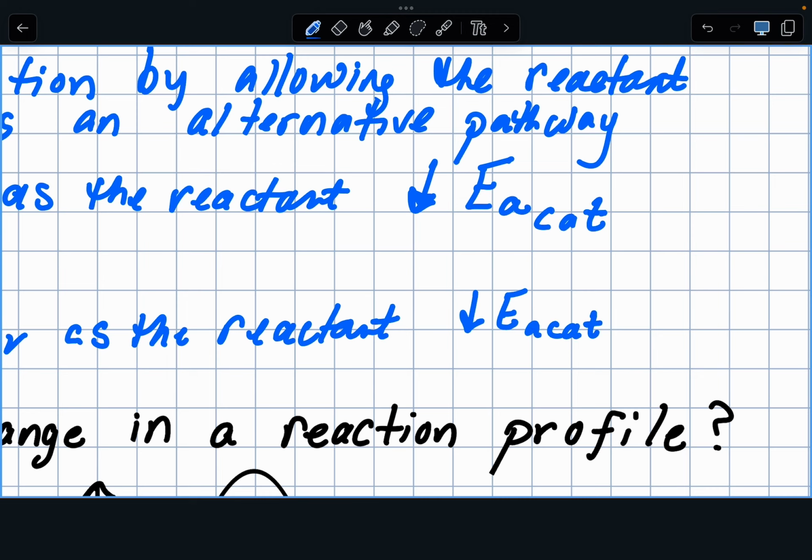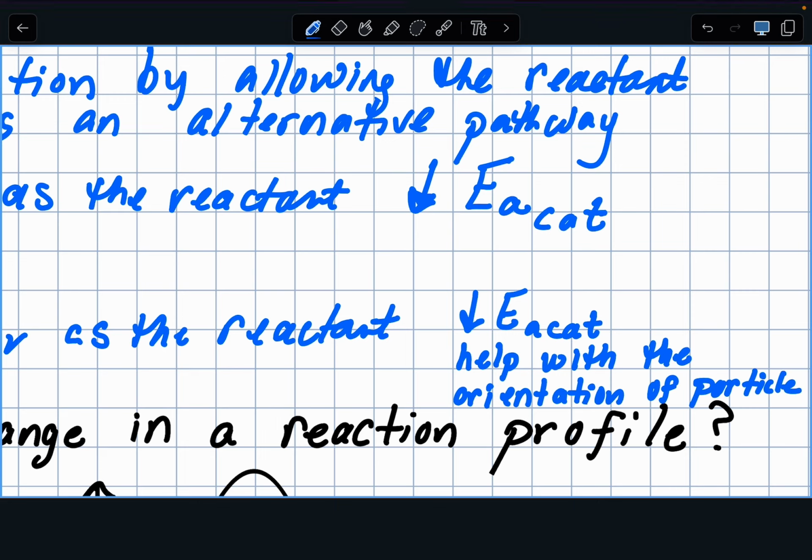But it also could help with the orientation of the particles for an effective collision. So it could also affect both.